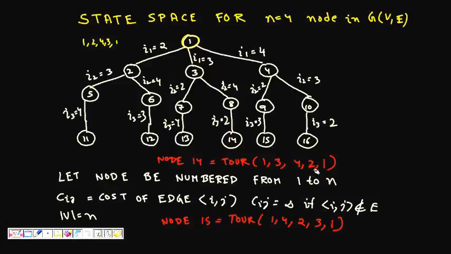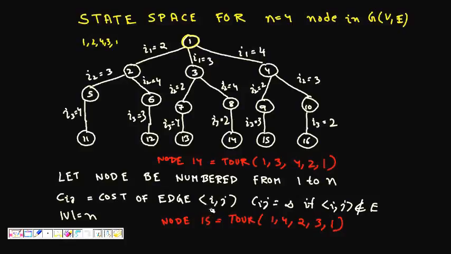Then node 15 represents: I start from node 1, I1 is 4, which means I go to node 4, I2 is 2, which means from 4 I go to 2, I3 is 3, which means from 2 I go to 3, and then of course you have to go back to 1.